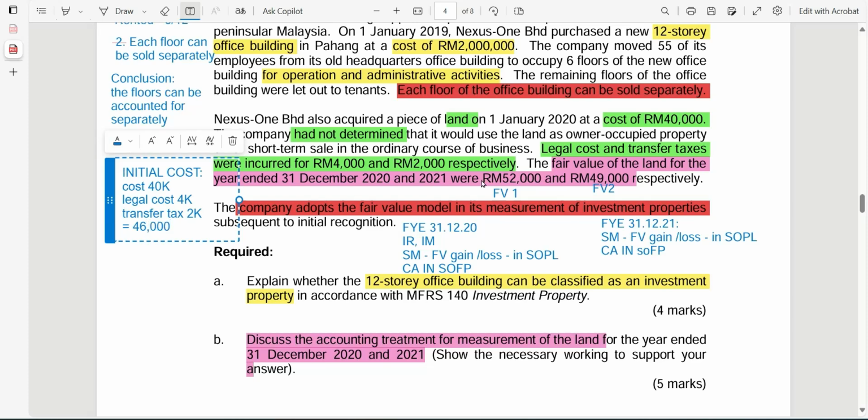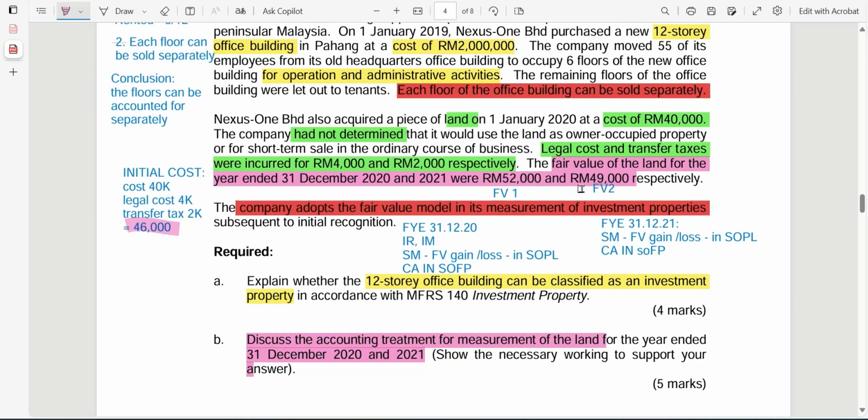So what you're going to do is compare in the first year this figure, the figure here, with 52,000 to see whether there is a fair value gain or loss.